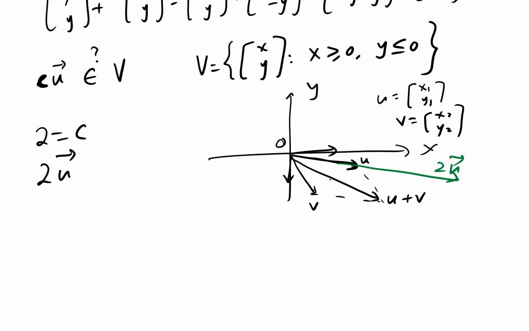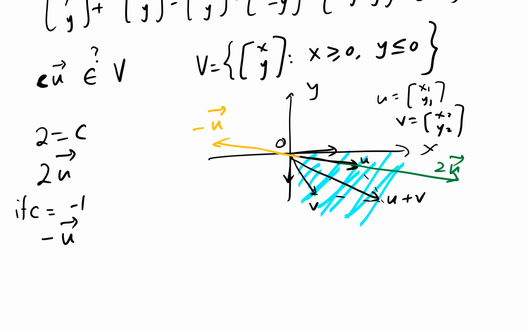But what happens if C is negative? If C is -1, you get negative u. Negative u is constructed back this way, in the opposite direction. This part here is our vector space V. This is where V is.